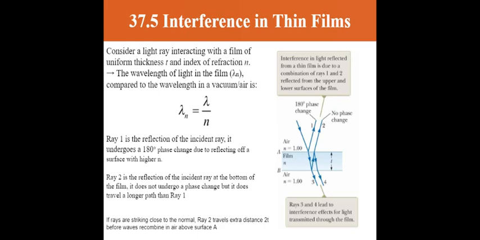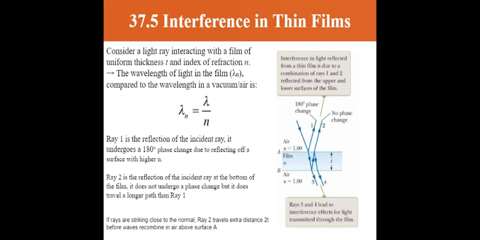Theoretically, there's an infinite number of rays that spread out off the film, but the most intense ones come from the first instances of reflection and refraction. So we're only going to focus on the first two rays that reflect back up through the top of the film when we talk about thin film interference.